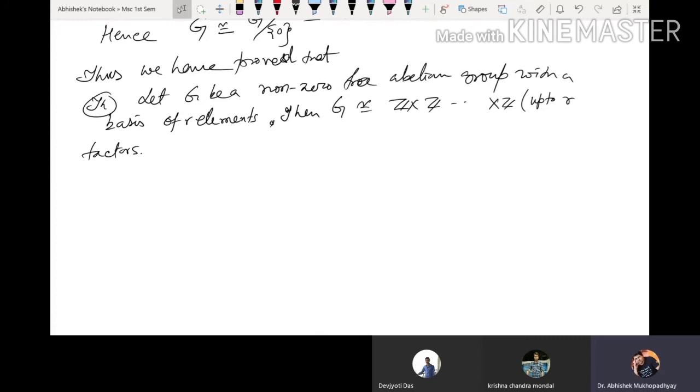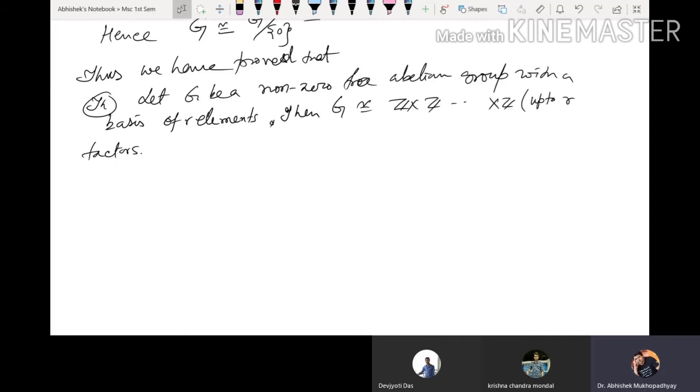Now, it may happen that a non-zero free abelian group may have more than one finite basis. If we consider a non-zero free abelian group with a finite basis, there is a possibility that there may be more than one finite basis.